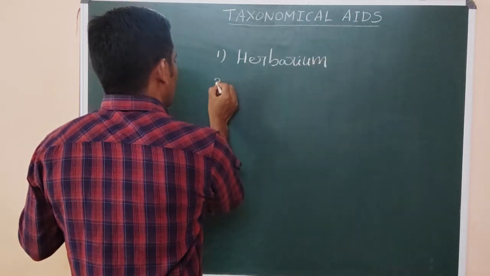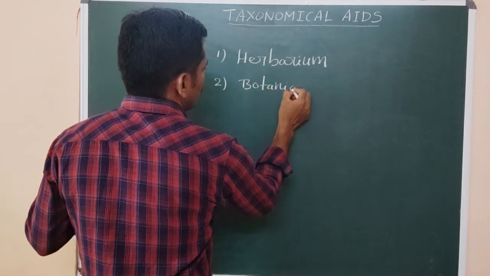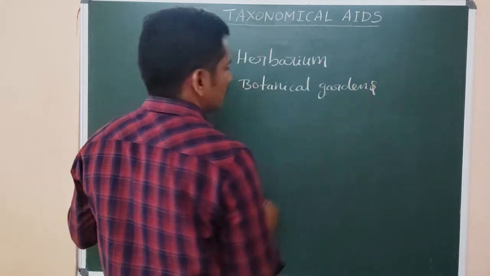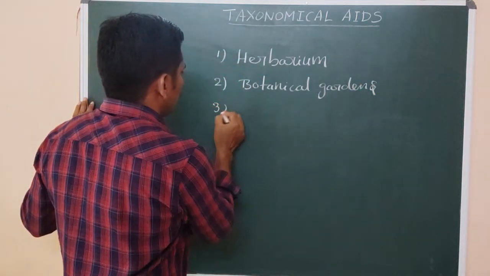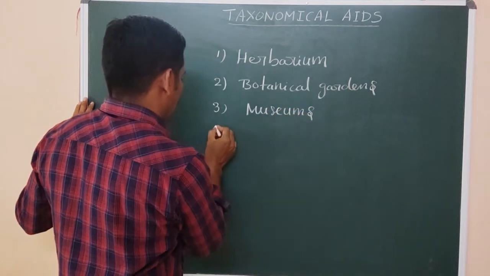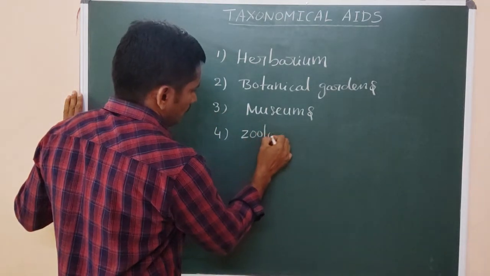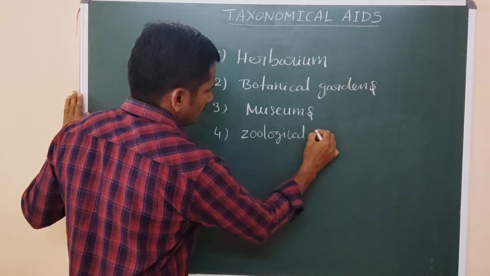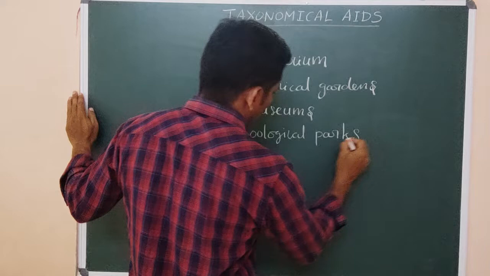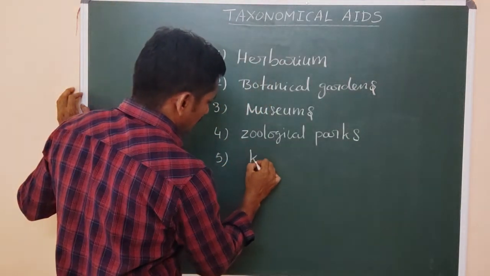Herbarium and botanical gardens. Botanical gardens and museums and zoological parks. We call them zoos. Zoological parks. And the fifth one is keys.